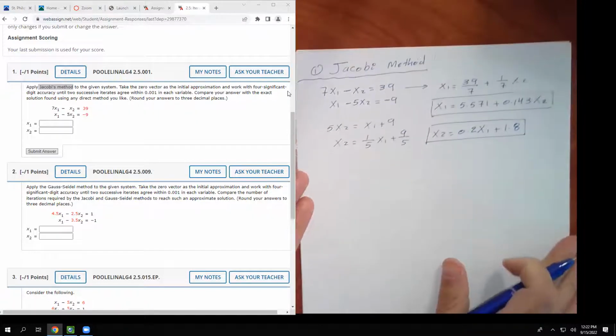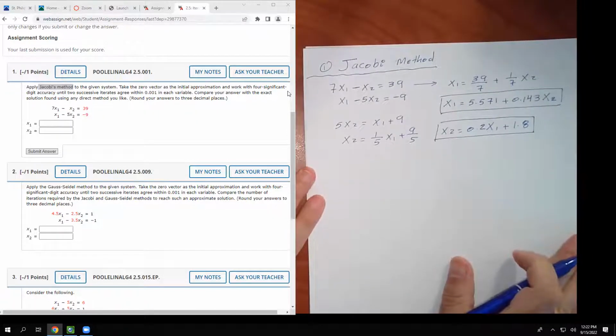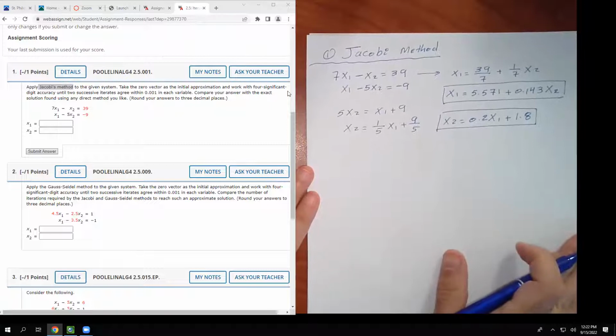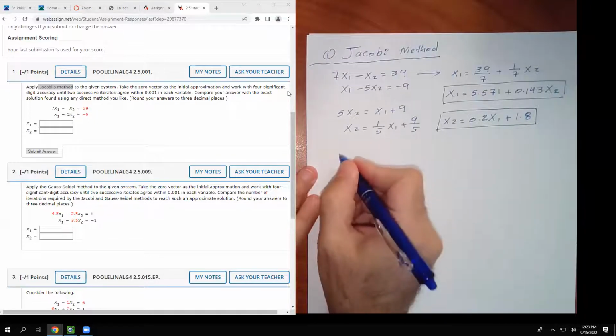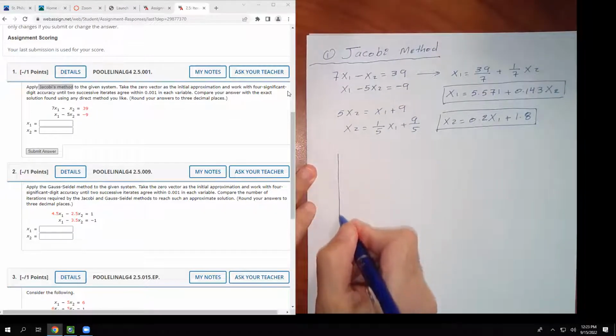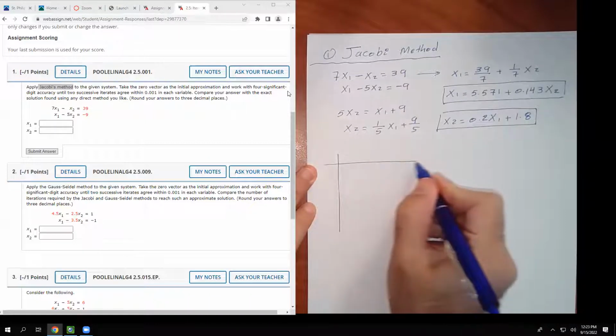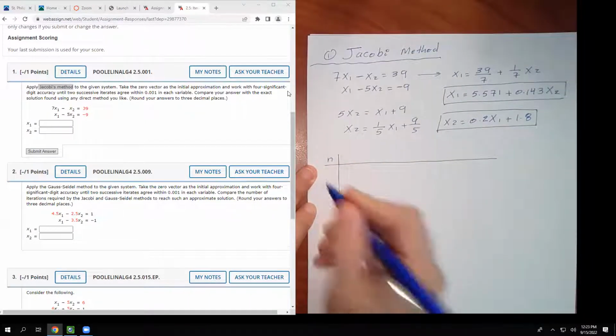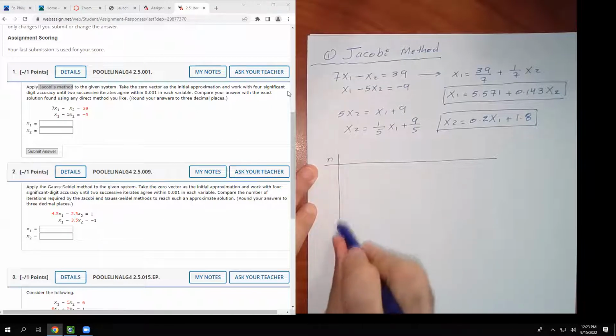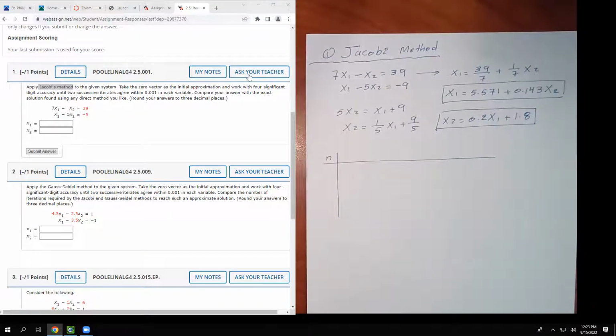Now we're going to create the table, and we're going to check how we approximate the exact solution. I'm going to start with x1. They're telling you to take the 0 vector as the initial approximation.